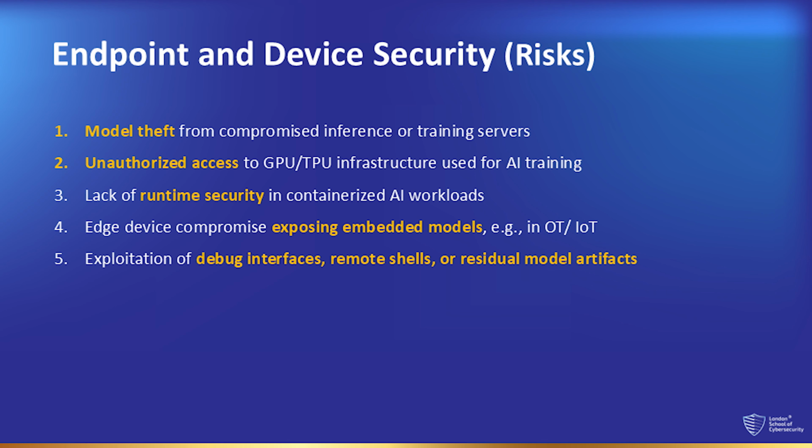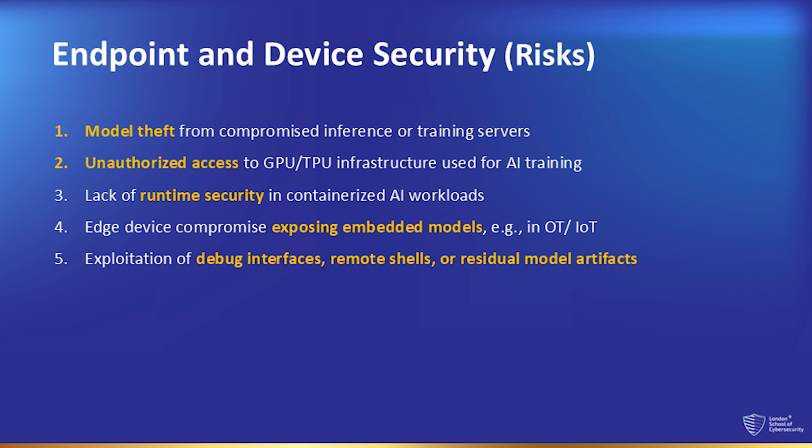Then comes the edge device compromise. If your devices are on the edge, especially in the OT and IoT world, your edge devices will have some embedded models because of the way things work and the models work.